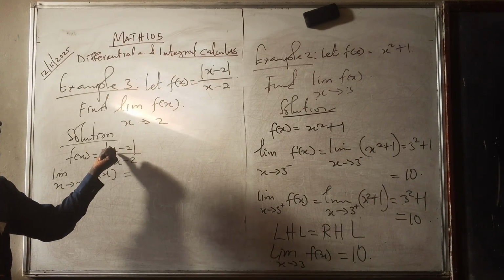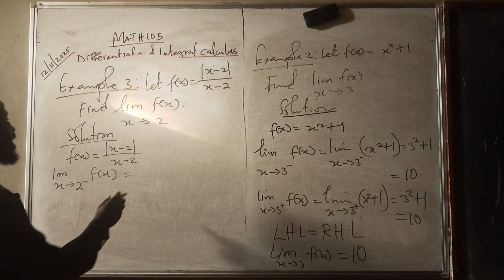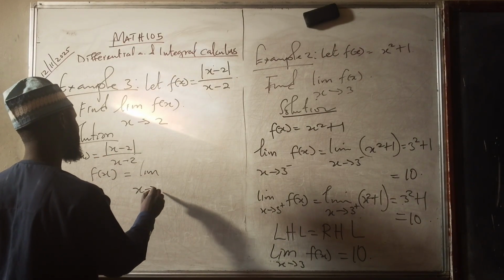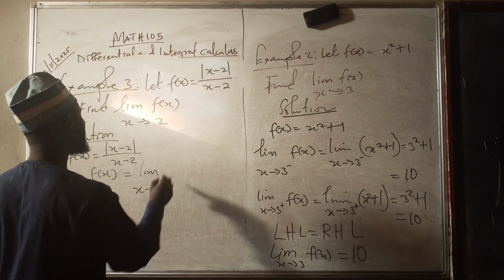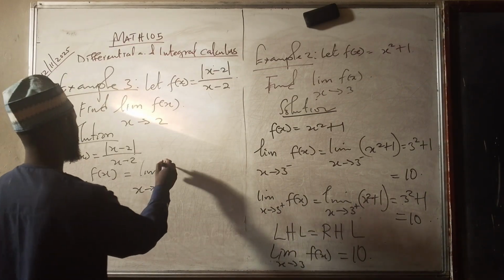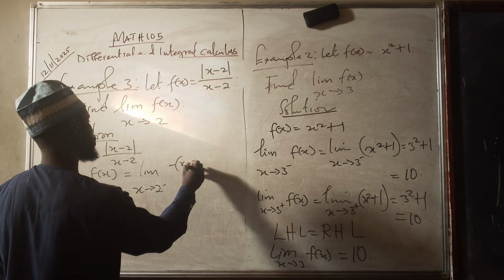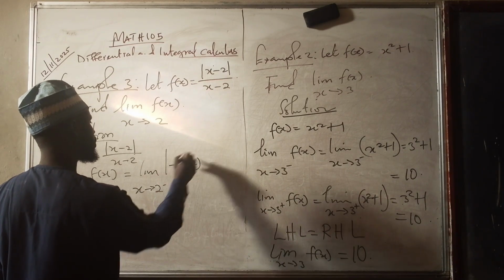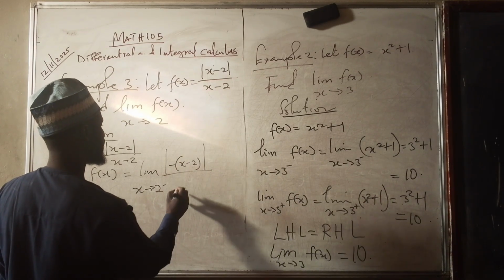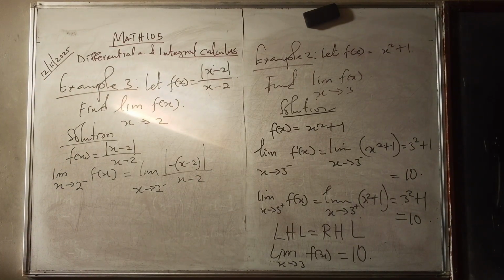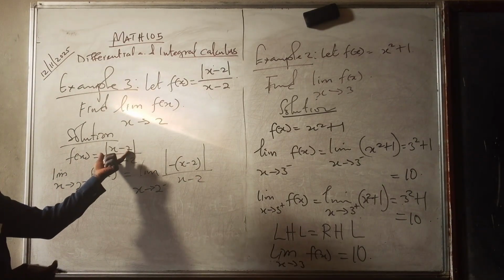When x is less than 2, we write the limit as x tends to 2 from the left, and this is minus (x minus 2) over x minus 2.